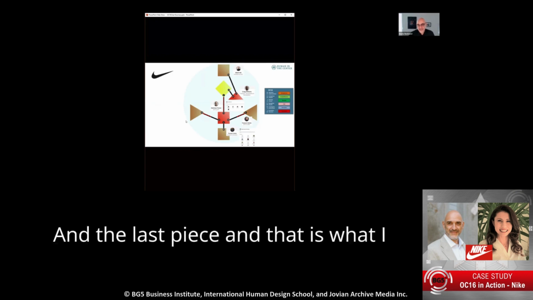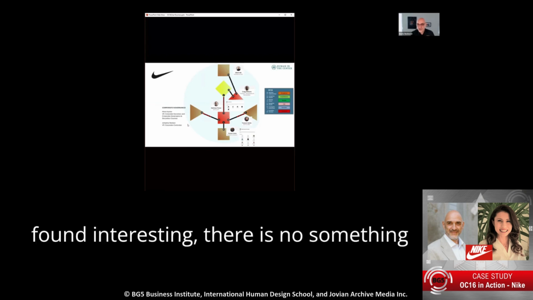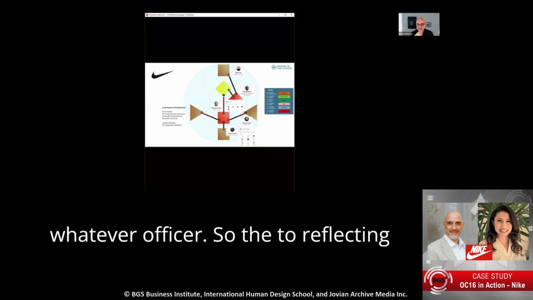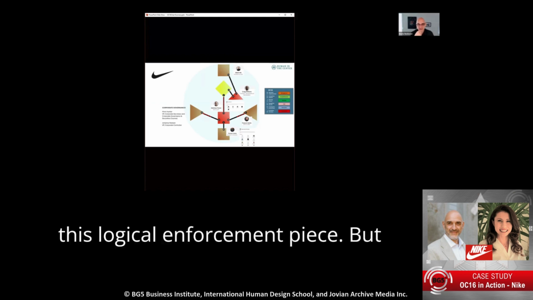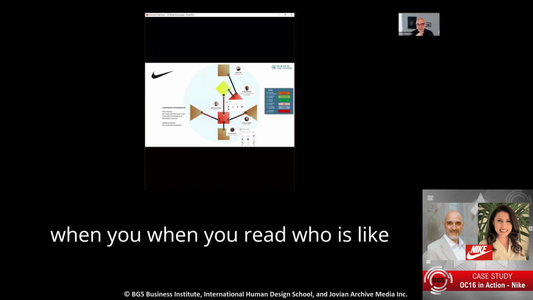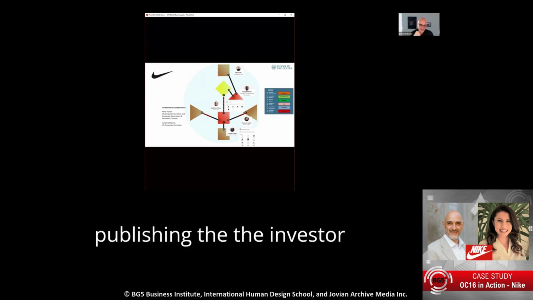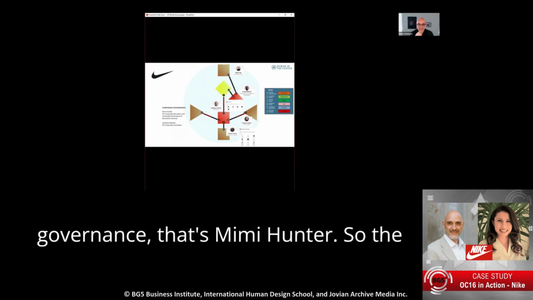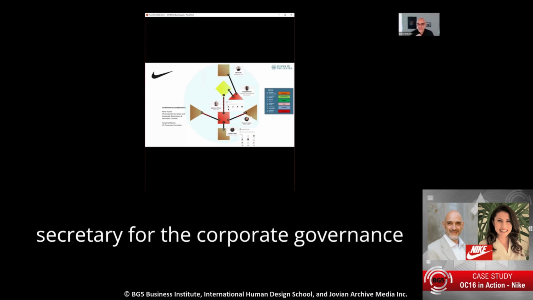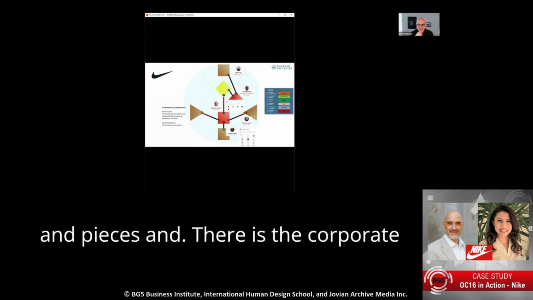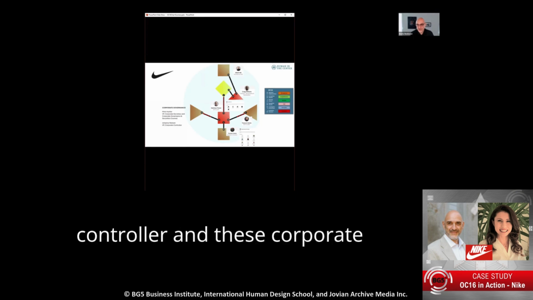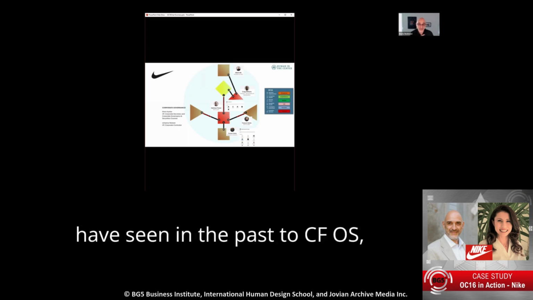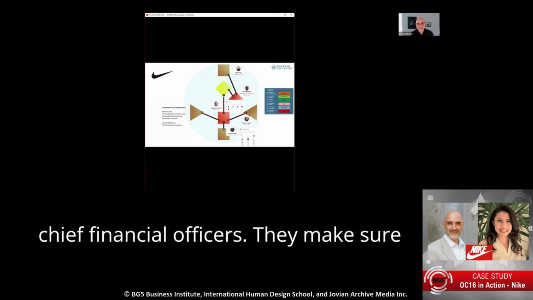And the last piece, and that is what I found interesting, there is no something like chief enforcement officer or chief whatever officer, reflecting this logical enforcement piece. But when you read who is publishing the investor relations information, that's corporate governance. It's Mimi Hunter, the secretary for the corporate governance, doing all this public relation bits and pieces, and there is a corporate controller. And these corporate controllers typically report, from what I have seen in the past, to CFOs, chief financial officers.